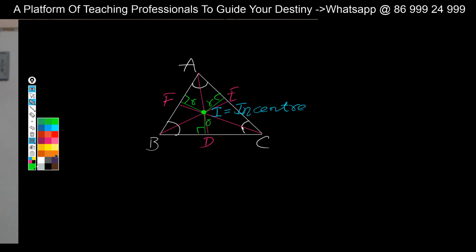Let us see how it touches all the three sides. See, this is the incenter and this is the radius. Now, if you draw a circle, that circle touches all the three sides internally.